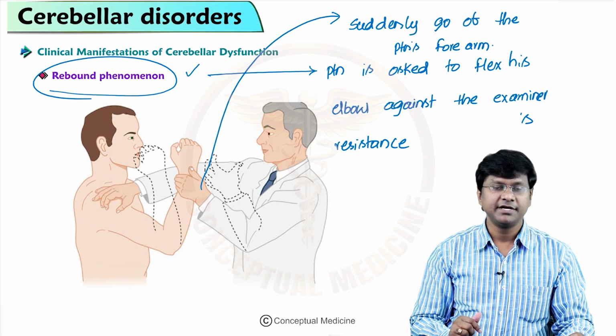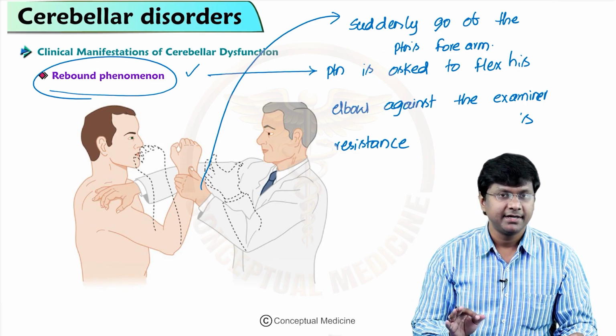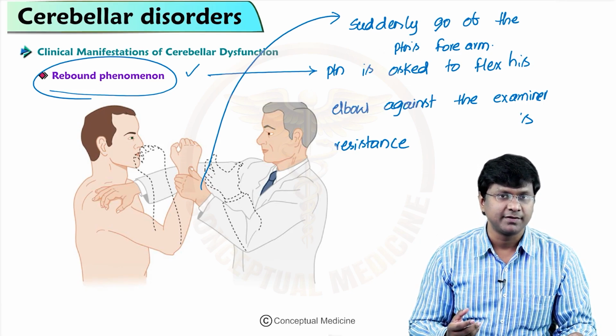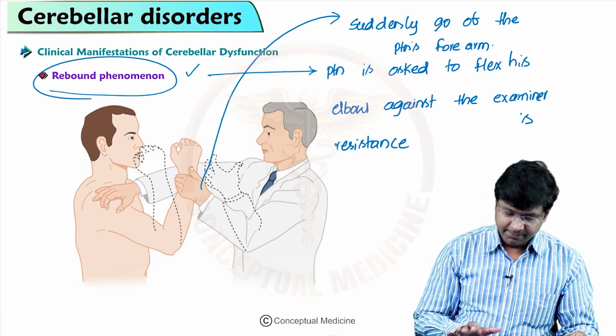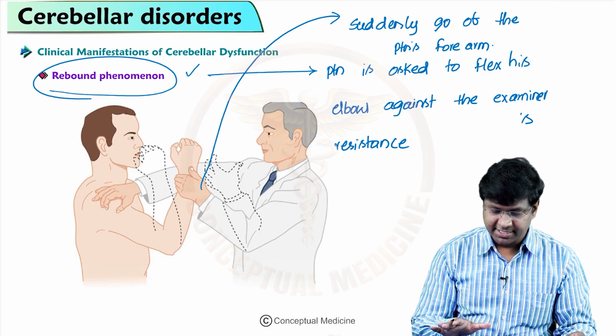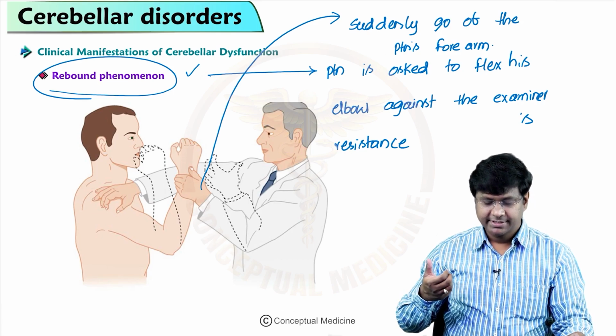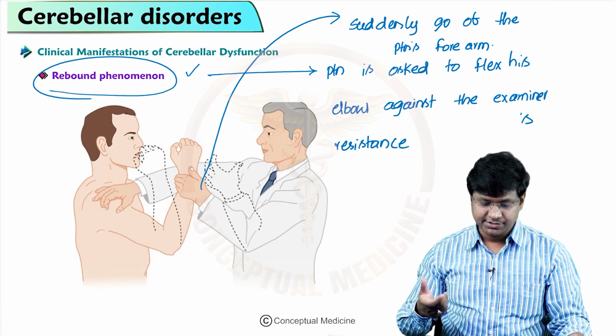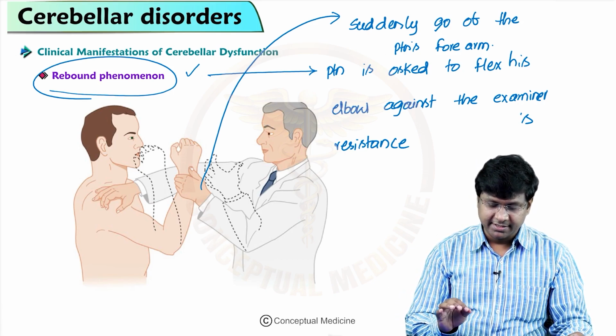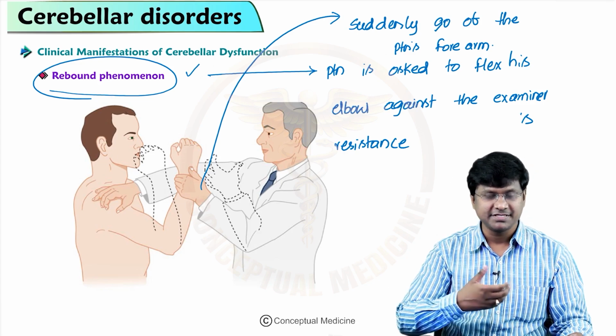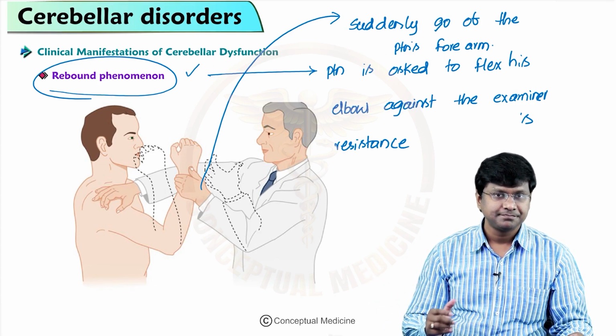Now, in a normal individual, what will happen? And in individuals with cerebellar dysfunction, what will happen? Let me discuss. But the procedure is this: the patient is asked to flex his elbow against the examiner's hand resistance, and then the examiner will suddenly let go of the patient's forearm. That means he will remove that resistance.